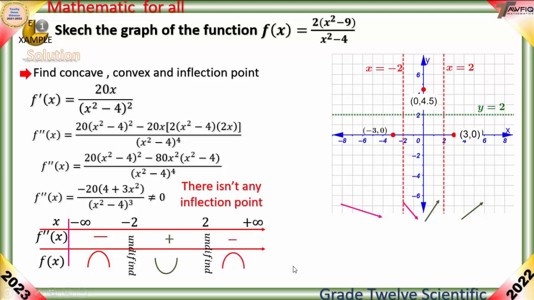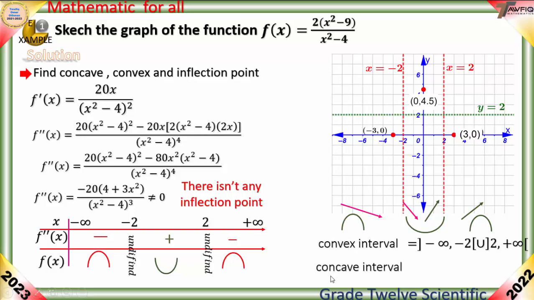That means the convex interval is from minus infinity to minus 2, and from 2 to positive infinity, and the concave interval is from minus 2 to 2.